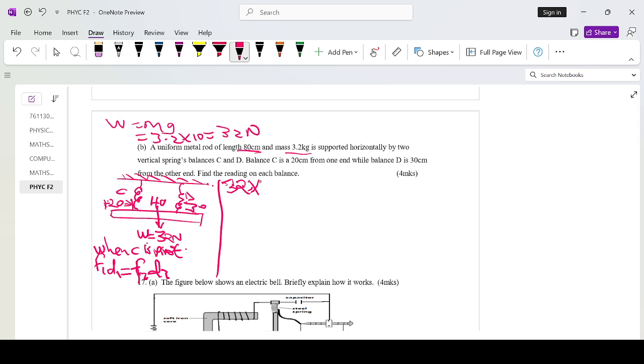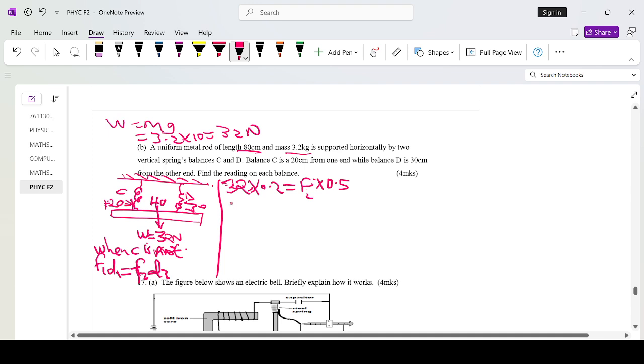So 32 times 0.2, converting the 20 into meters, should be equal to my F2, which I don't know. That is the force due to spring D, times its distance from the pivot. The whole rod was 80 and the part beyond D is 30, meaning the total distance here is 50. So 50 is 0.5.